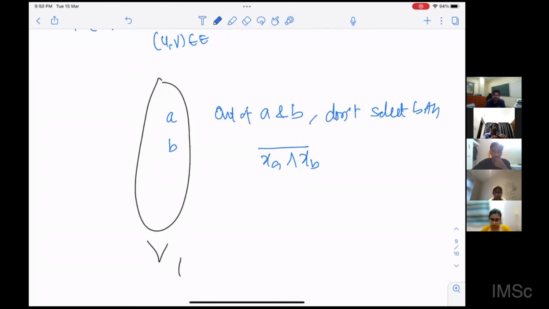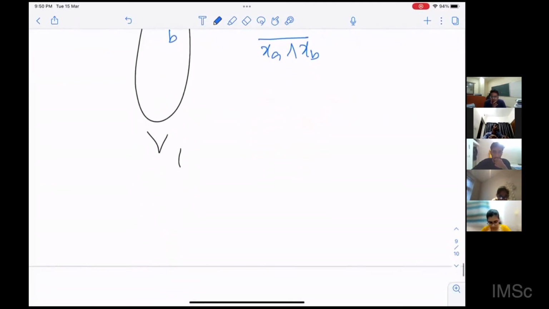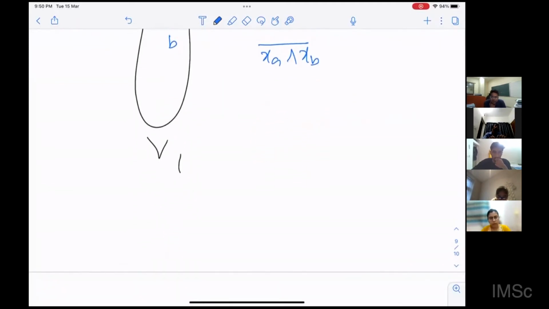So suppose I add a bunch of clauses. Let's call it phi P of G, or rather phi for V1.